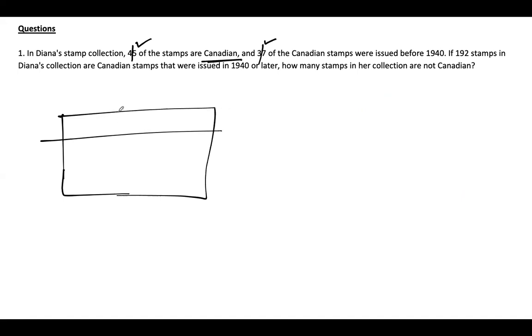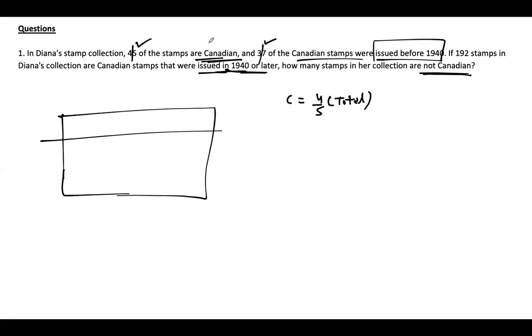Let's say I have Canadian stamps issued before 1940, issued in 1940 or later, and not Canadian. Once you read the question, you'll write down the information. Canadian stamps are 4/5 of the total.